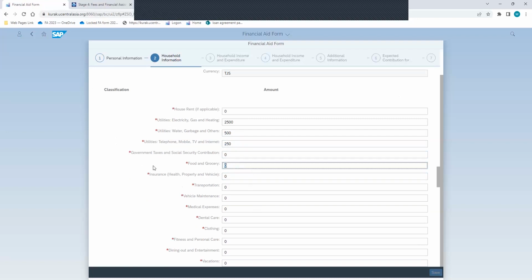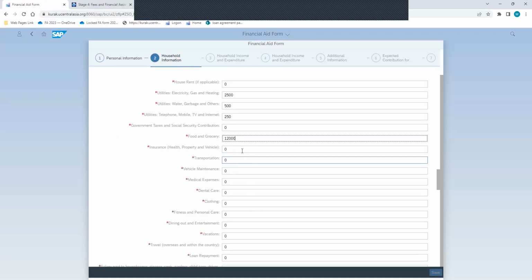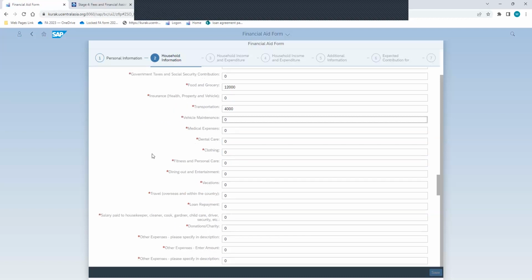Food and grocery, which is maybe more than anything else, can be like 12,000. Insurance, I'm not having insurance. Transportation, surely I think everyone has transportation expenses, so I'm putting something like, let's call it, 4,000. I don't have a vehicle.